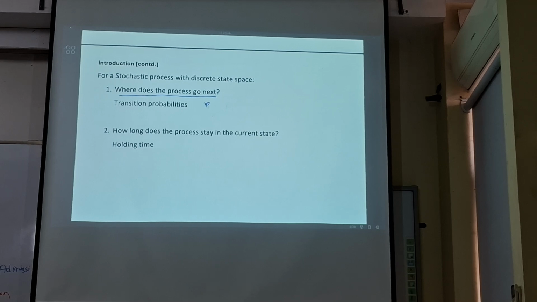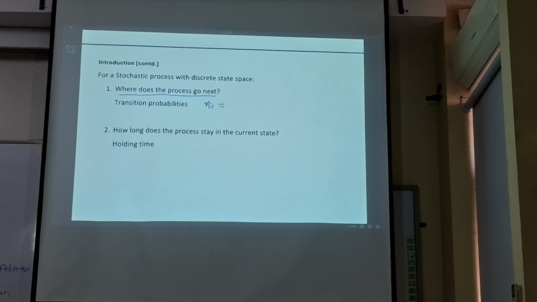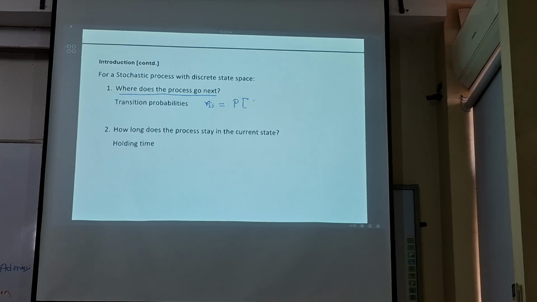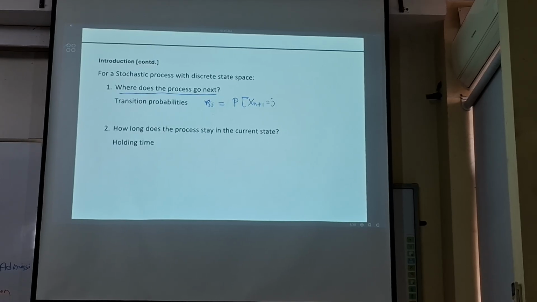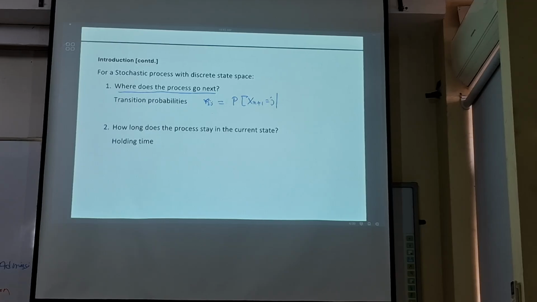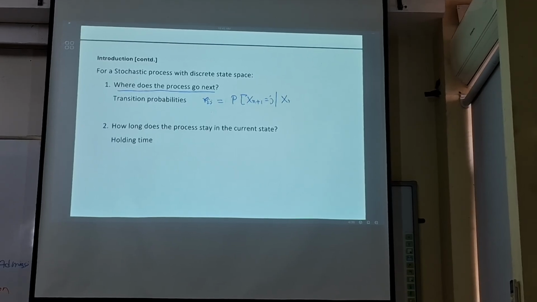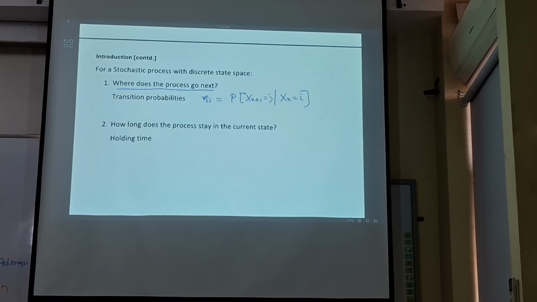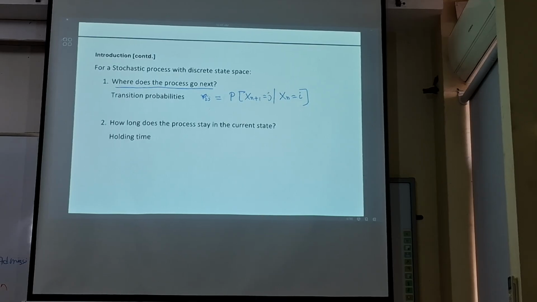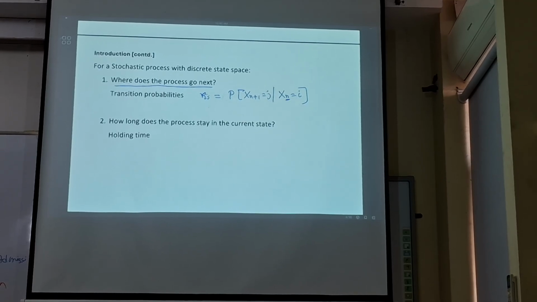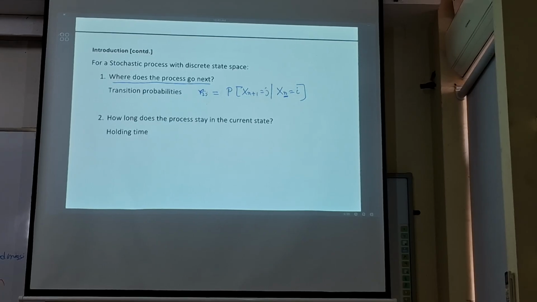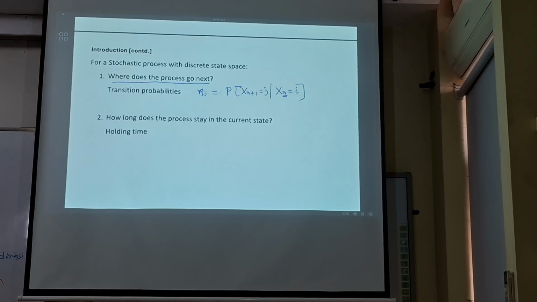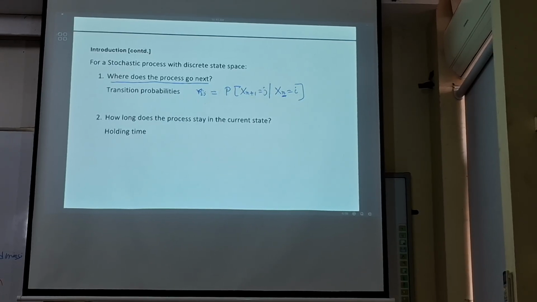P_ij is the probability that, if we consider it from the discrete perspective, at the nth step, after one transition, the process will go to step n+1.